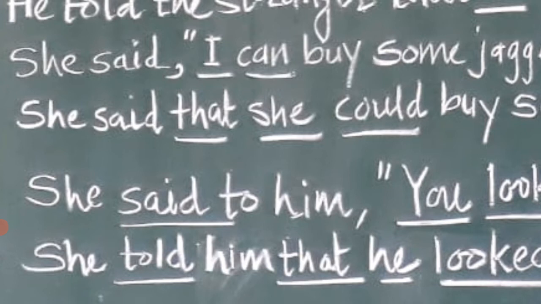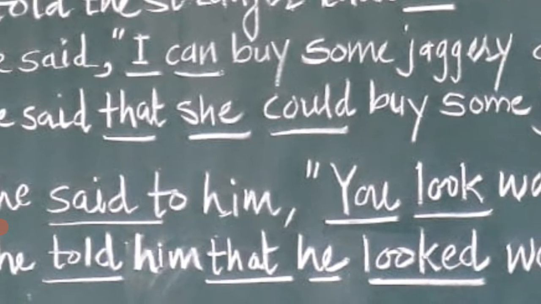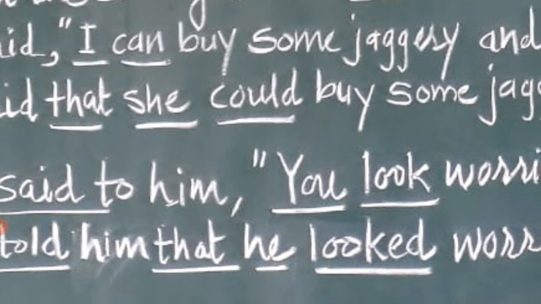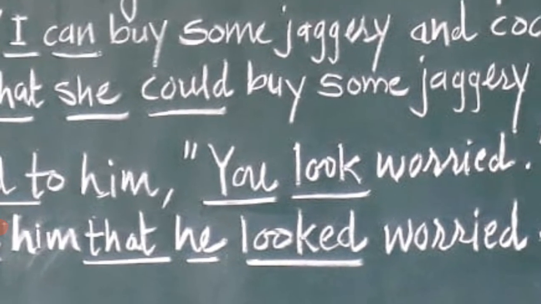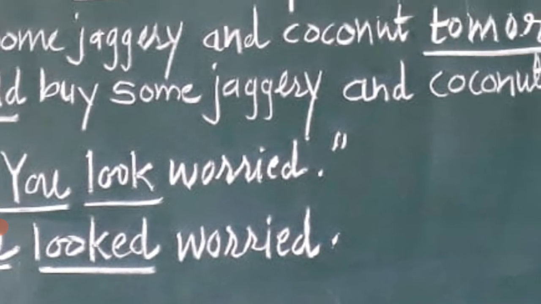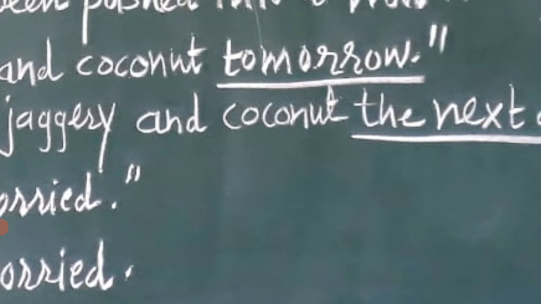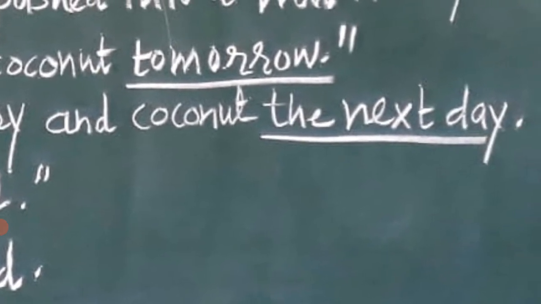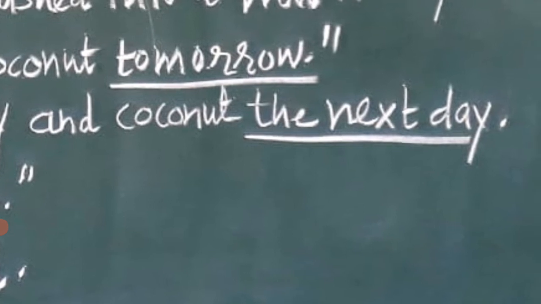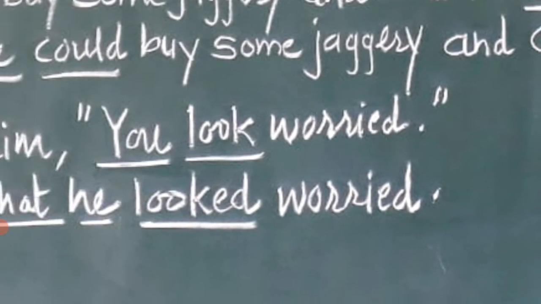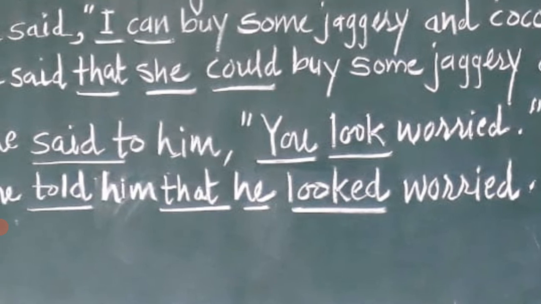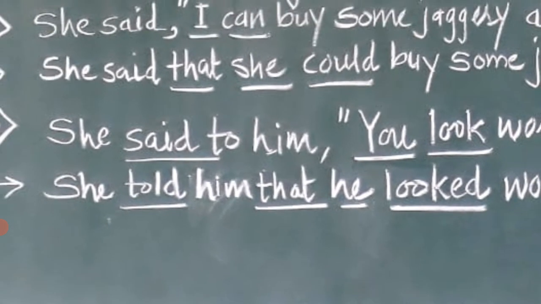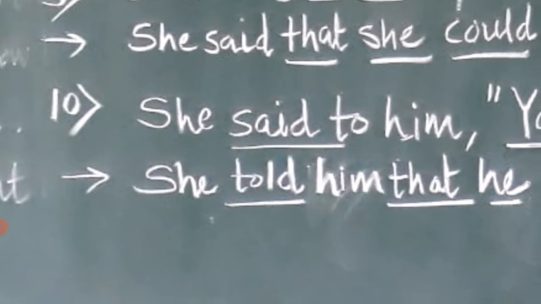"I" is here for she, so "I" is converted into "she". Later on "can" is converted into its past form "could". "She could buy some jaggery" as it is, and "coconut", and the only change which is very important to know is that "tomorrow" is converted into "the next day". I repeat it here that "tomorrow" is converted into "the next day". So these are the few minute changes you need to make while converting it into indirect speech.